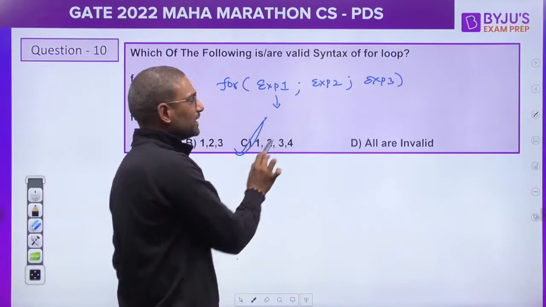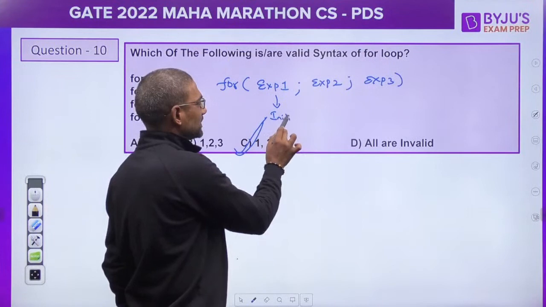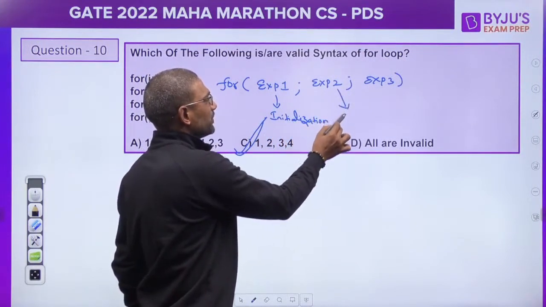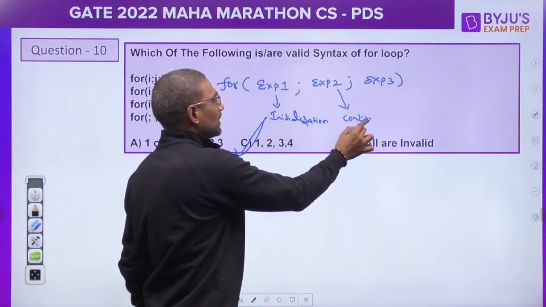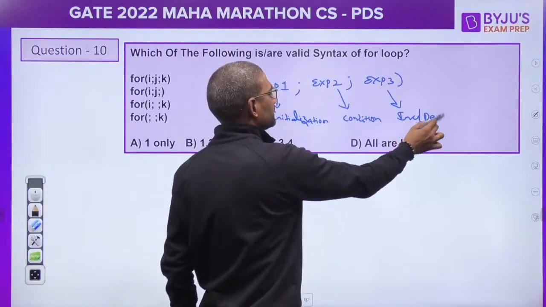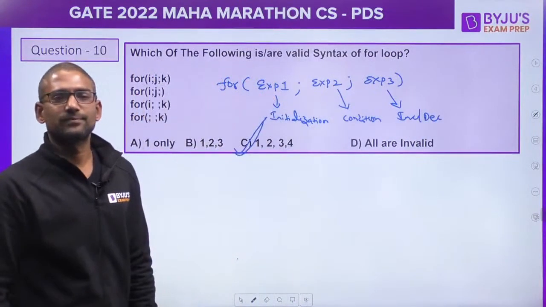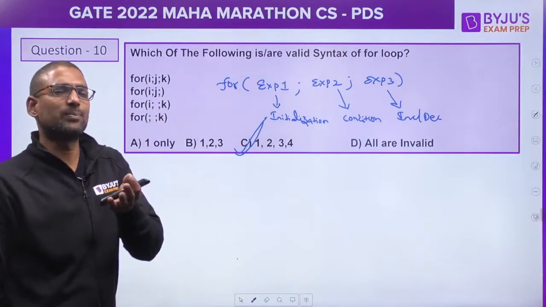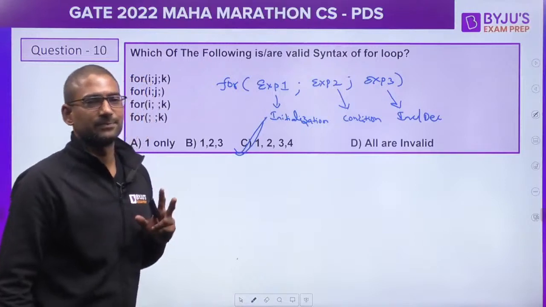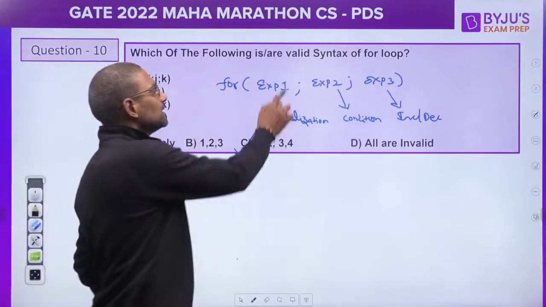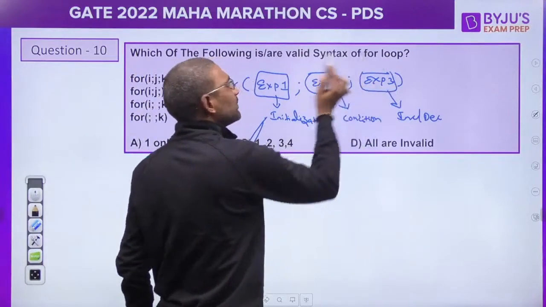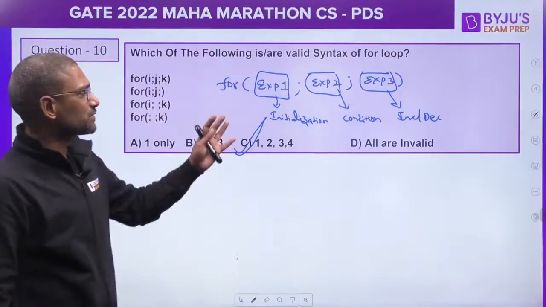The first statement is the initialization statement, the second statement should be the condition, and the third statement should be increment or decrement. That is one of the popular ways to use for loop, but that's not the only way. So you can have any expression here, even some printf statements also in those expressions.